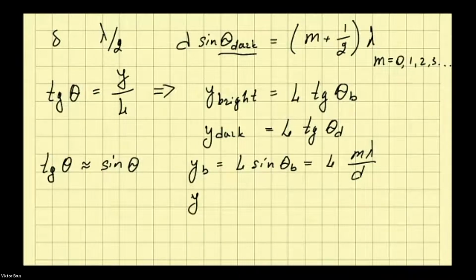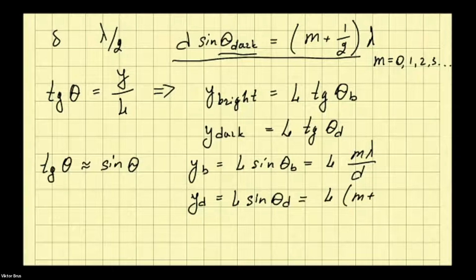Similarly, Y dark will be L times sine theta dark, and that should, from this relationship, give us L times m plus 1/2 times lambda divided by d.